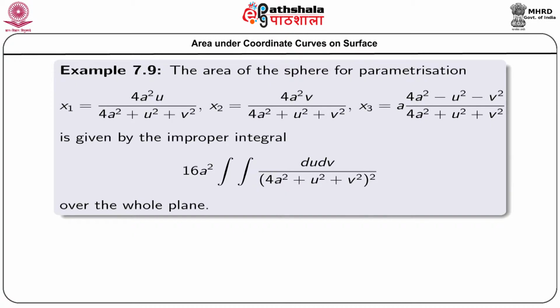Now, we have to remember that this a is not the previous a, because that a is the determinant of a alpha beta and here a is a constant.